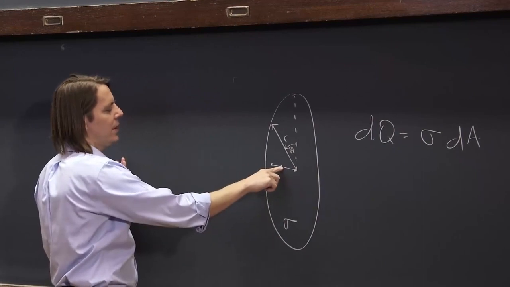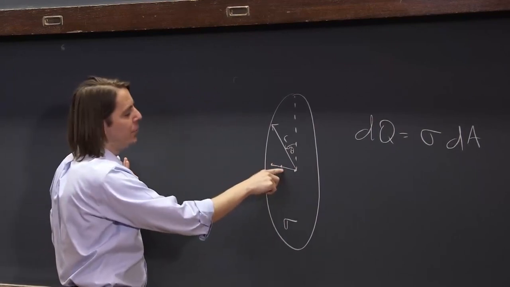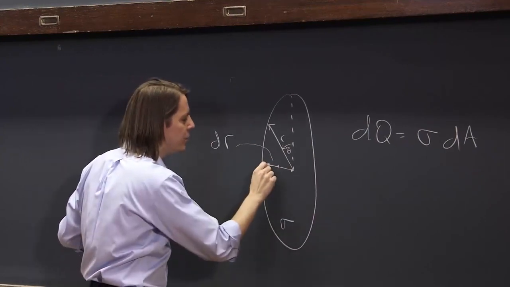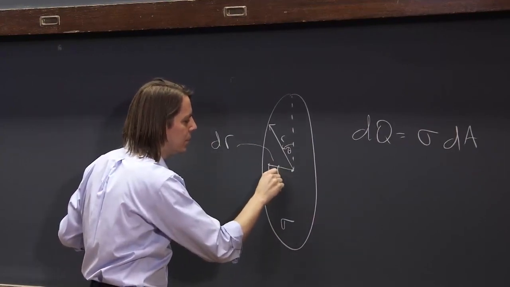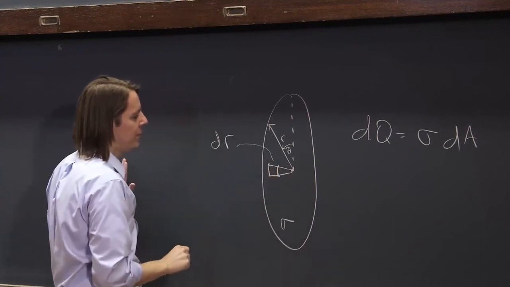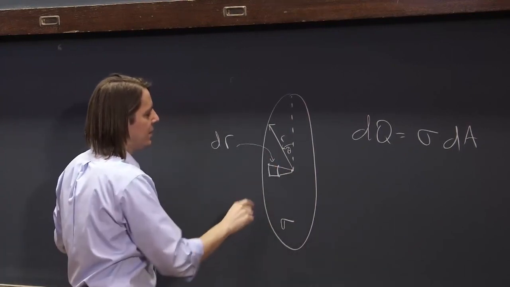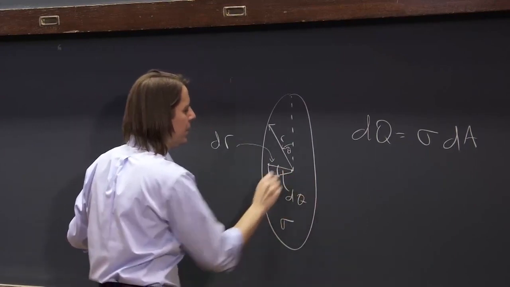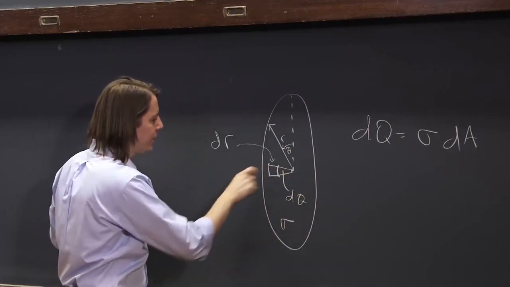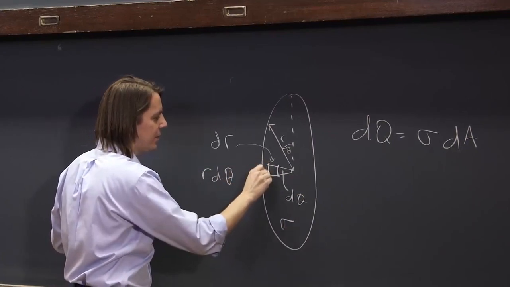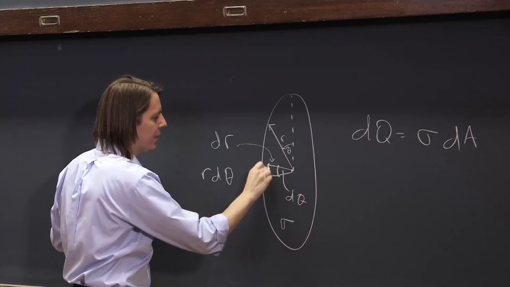This is r, and then this is r plus dr. You've moved a little dr right there. Then you sweep that through a little angle, and you do it again, r and r plus dr. So this is dr, and here you've gone d theta. And this little length is r d theta. That's the length of an arc like that.